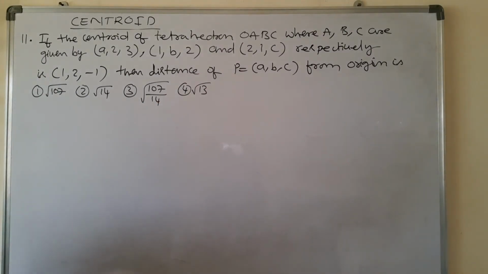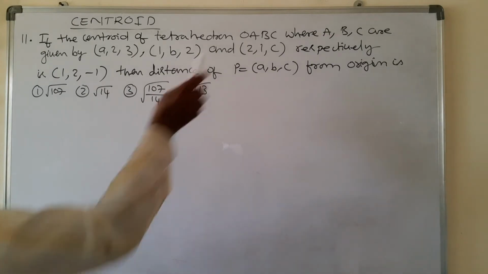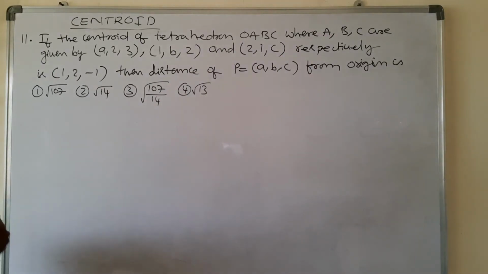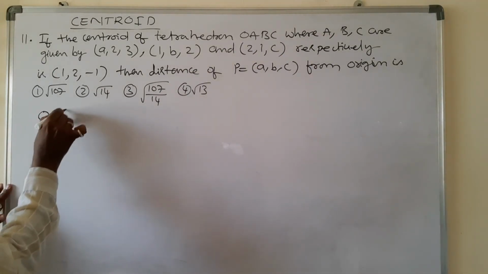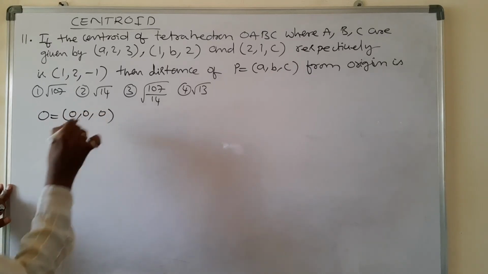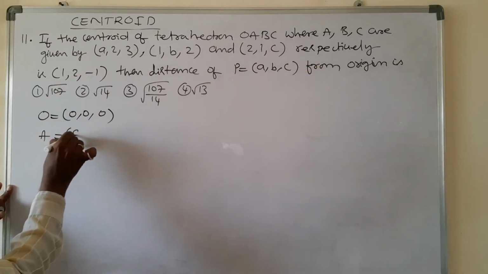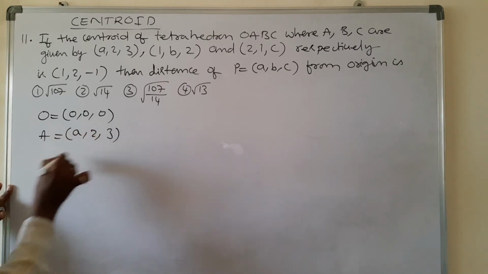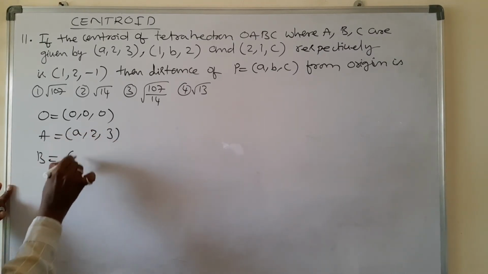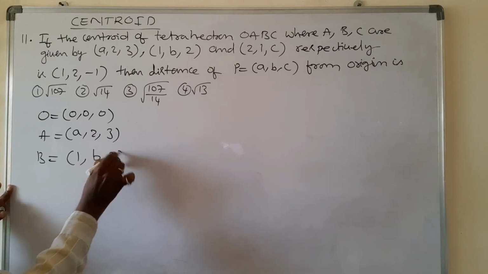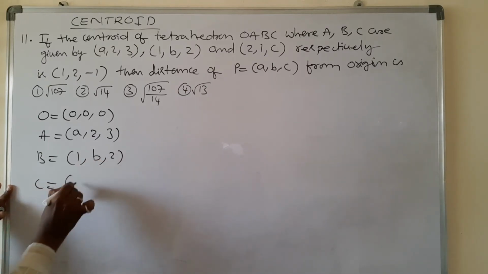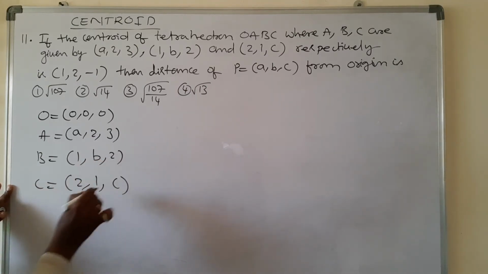In the tetrahedron OABC, O is the origin (0, 0, 0), A is (a, 2, 3), B is (1, b, 2), C is (2, 1, c).